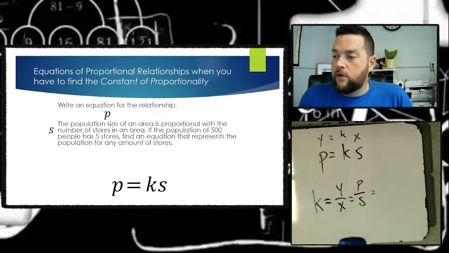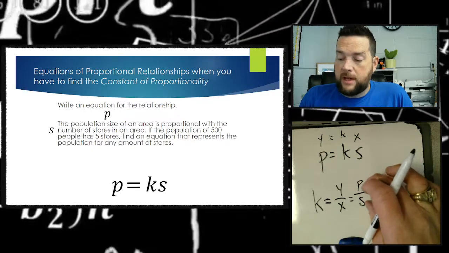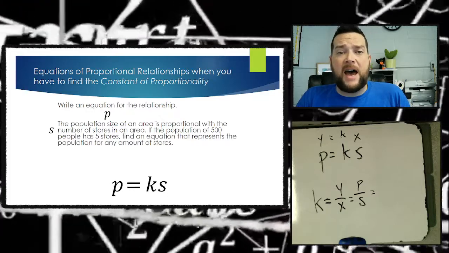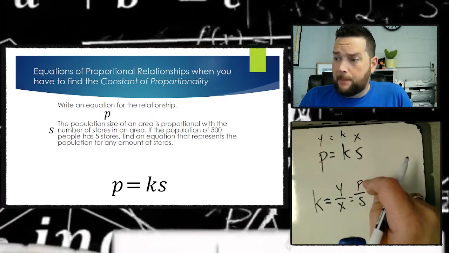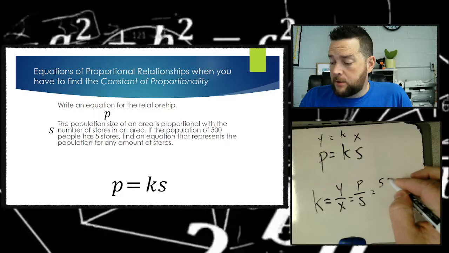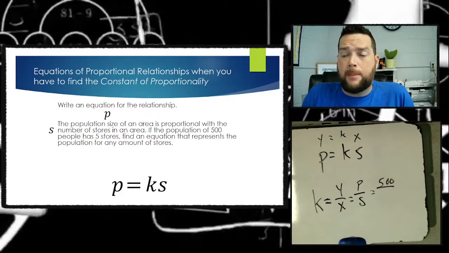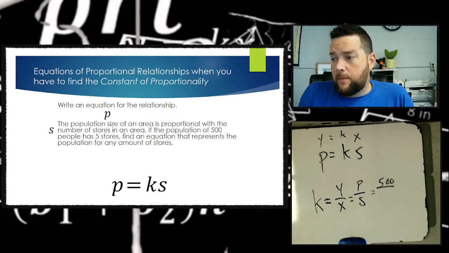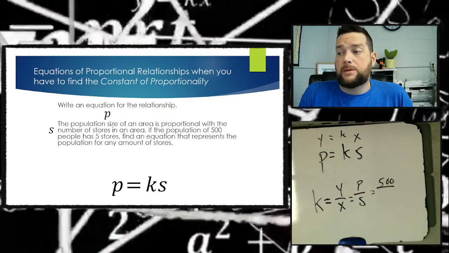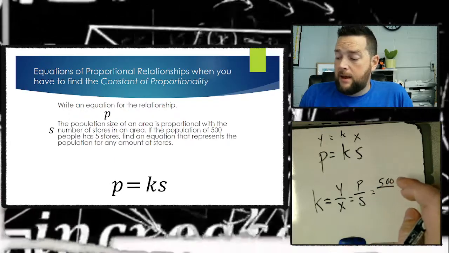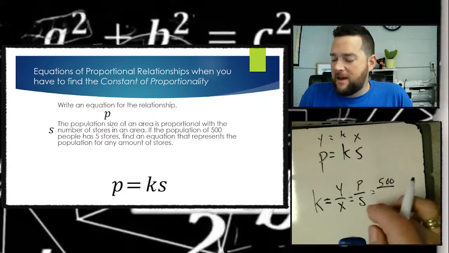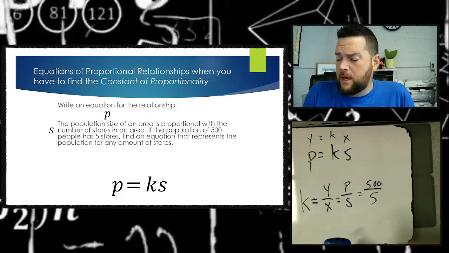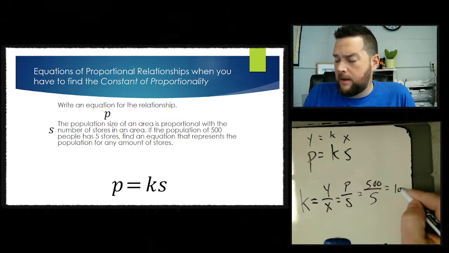And then I'm going to look for the numbers inside the problem to replace for the p and the s, all right? If the population is 500, so the population in the problem is 500, and it has 5 stores. So we have 500 for the population, and for our stores we have the number 5, so we're going to put that at the bottom right there. And then we can simplify this. 500 divided by 5 is 100.